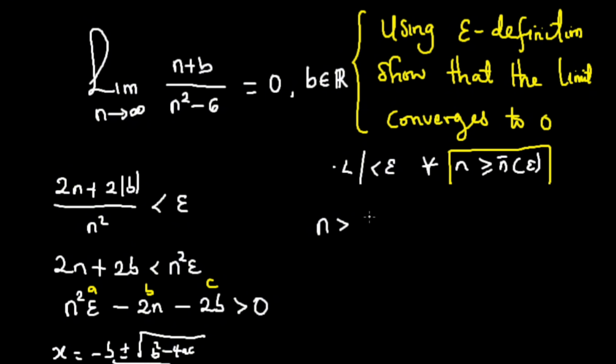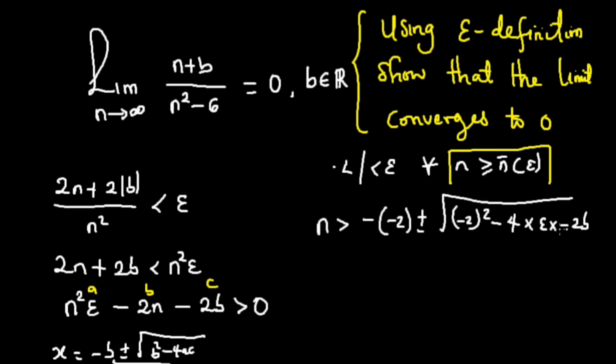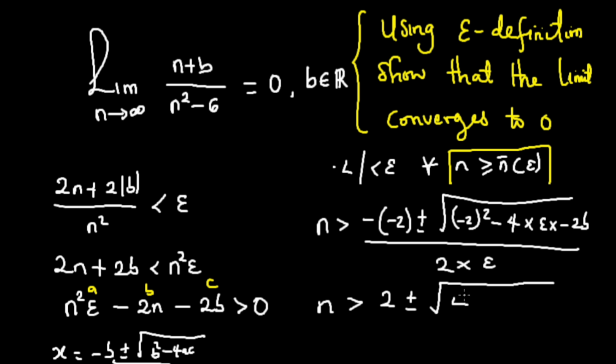My b is minus 2. So minus of minus 2 plus or minus square root of b squared minus 4 times a, what's my a now? Epsilon, times c. What's my c? Minus 2b, right? Then over 2a, which is n greater than 2 plus or minus the square root of 4 plus 8 epsilon b over 2 epsilon.